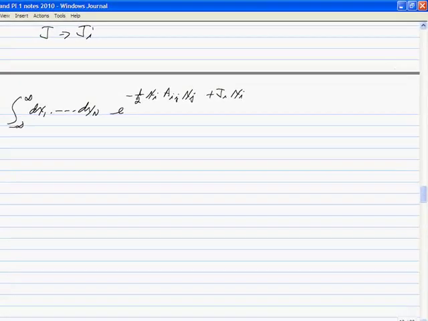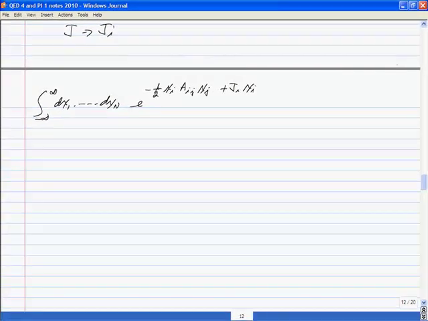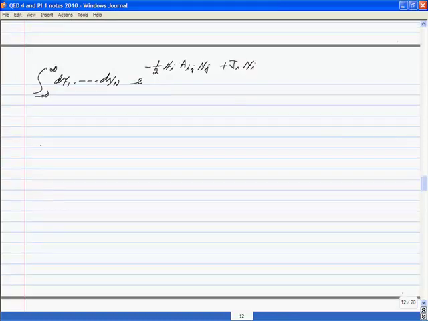Okay, so that's what we have to do now. All right, so let's do that. The way to solve it is we can diagonalize A.